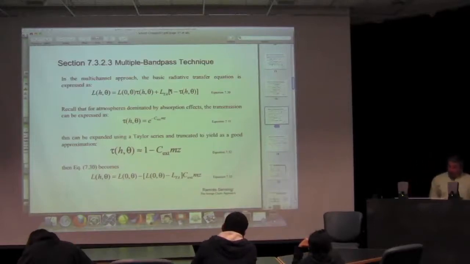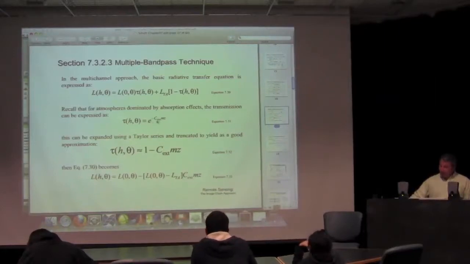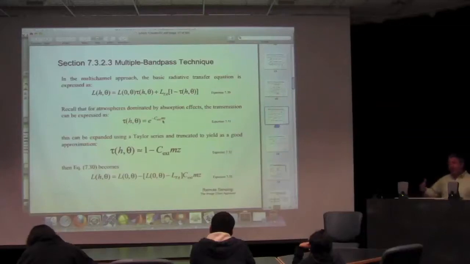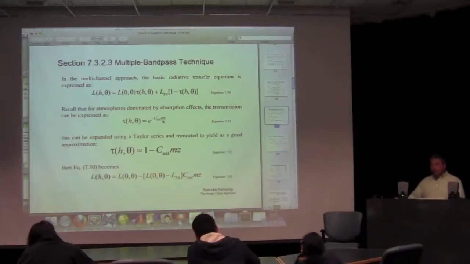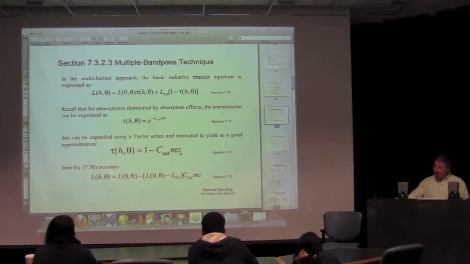All right, if you remember, we could write transmission as e to the negative extinction cross section times the number density of a particular molecule that we're looking at, times the path length over which we're looking. You could approximate that with the Taylor series, so you can approximate this exponential as 1 minus that extinction cross section times number density times path length.